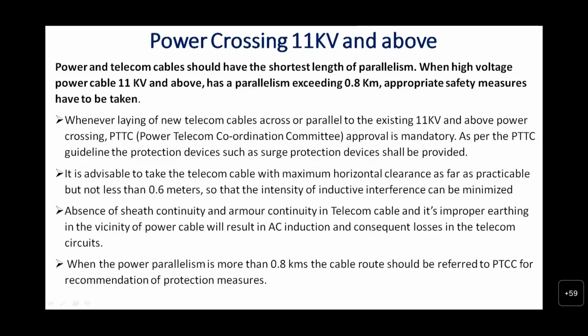Absence of sheath continuity and armor continuity in the telecom cable, and its improper earthing in the vicinity of the power cable, will result in AC induction and consequent losses in the telecom circuits. When the power parallelism is more than 0.8 kilometers, the cable route should be referred to PTCC for recommendation of the protection measures.